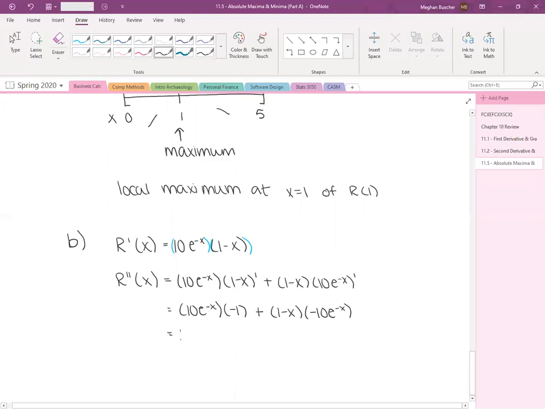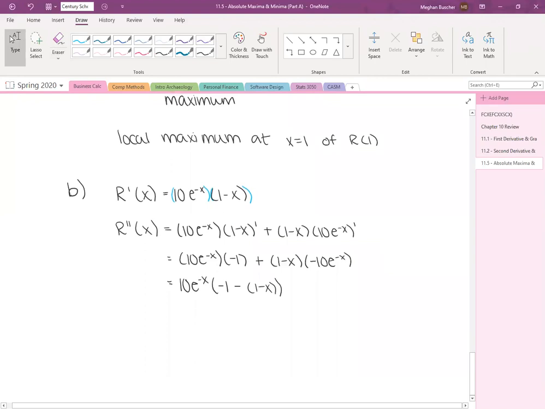We can factor out 10e to the negative x again. We're left with negative 1 minus, because we're going to keep that minus sign, 1 minus x. Okay, and then just simplifying that a little bit, this is going to turn that into a plus, so we're going to have x minus 2.